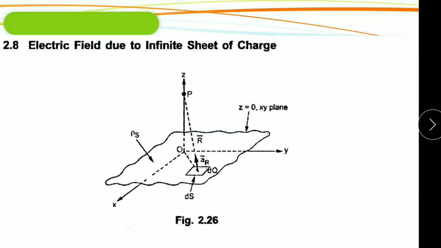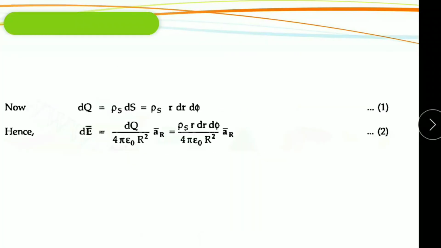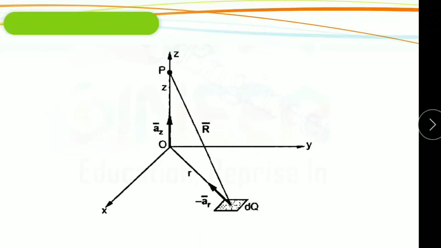Now we have to calculate first the vector notation of r bar, and by using this vector notation of r bar, we can easily find the unit vector ar bar. By using this figure, we have to find the value of r bar.